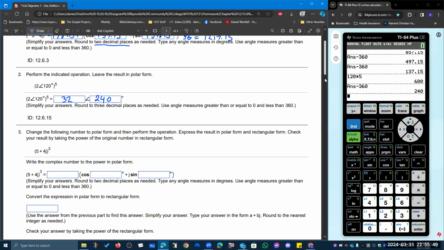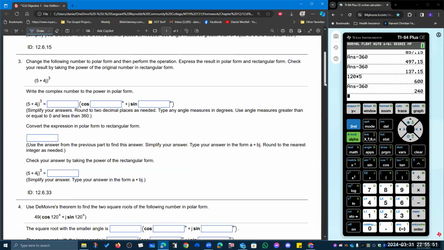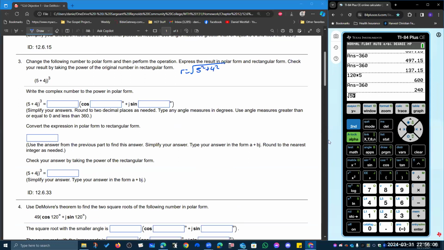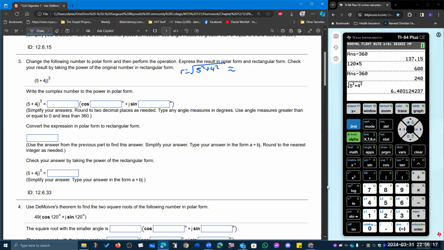There we go. Next one here, we're going to find our r and theta and use DeMoivre's theorem. So r is going to be the square root of 5 squared plus 4 squared, which, again rounding to 2 decimal places, is 6.40.